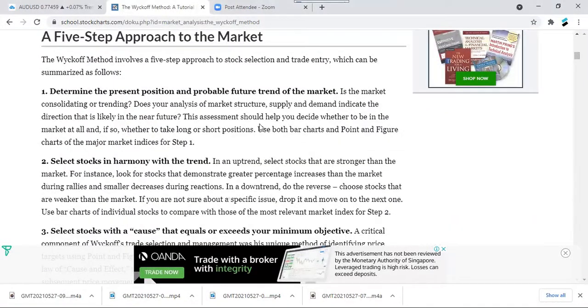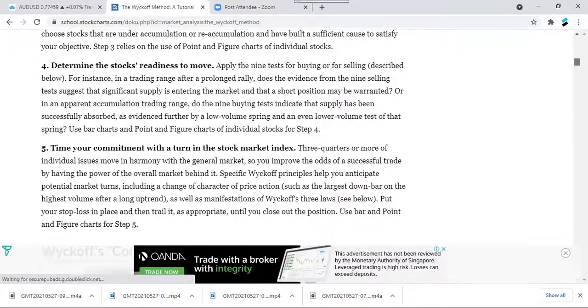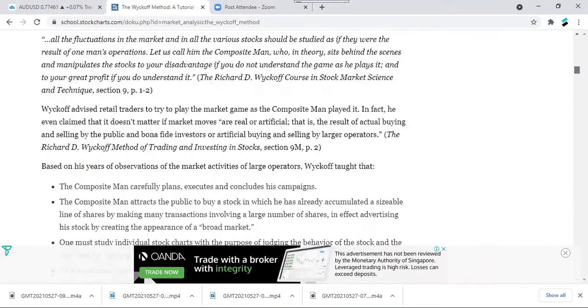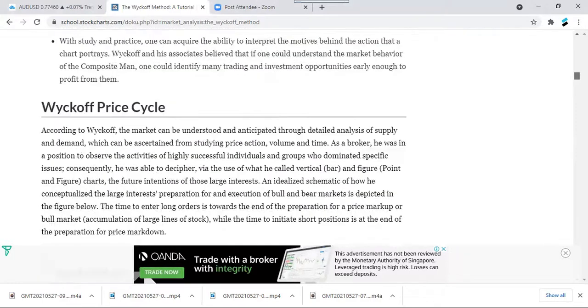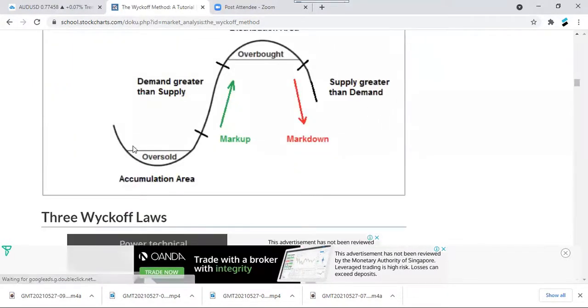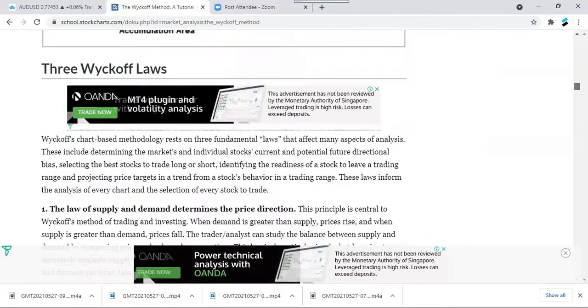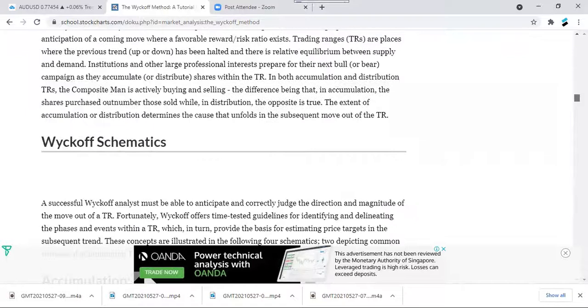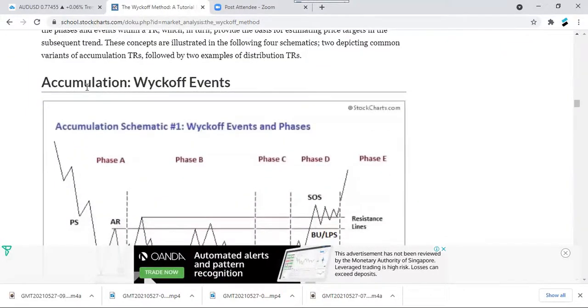This is a complete PDF. It's a book actually, right? It actually describes the patterns. Now if we scroll down, Wyckoff price cycle, right? You can see that we are in the accumulations, and then go through the markup, go through the distributions, then go through the markdown, the 4 cycle. And then after that, it follows with this schematic, accumulation schematic 1.